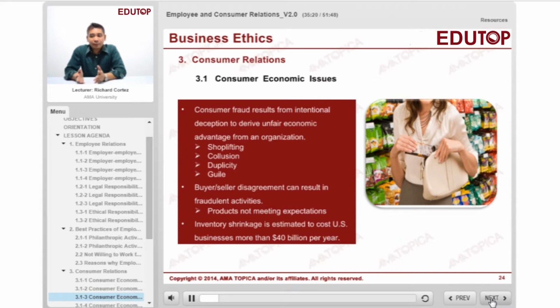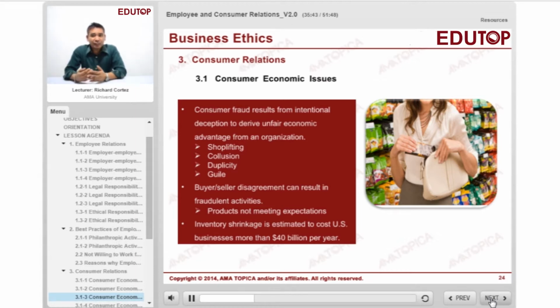organization. For example, consumers sometimes do fraud or cheating. It is not always the company doing the cheating, but sometimes the consumer. Examples of fraud are shoplifting, collusion, duplicity, guile. We take the example of shoplifting.